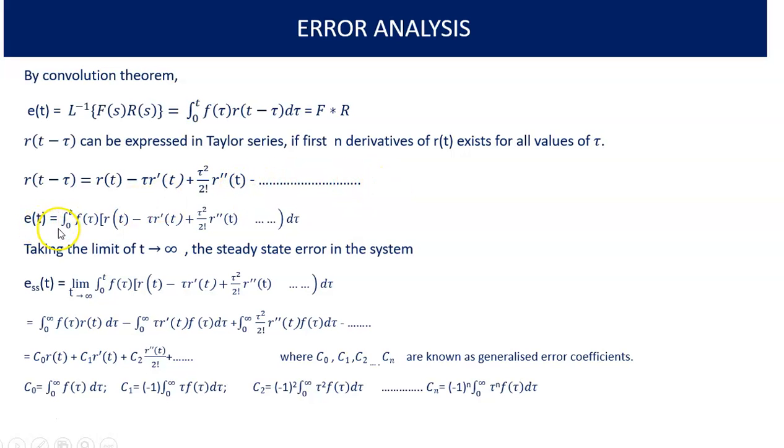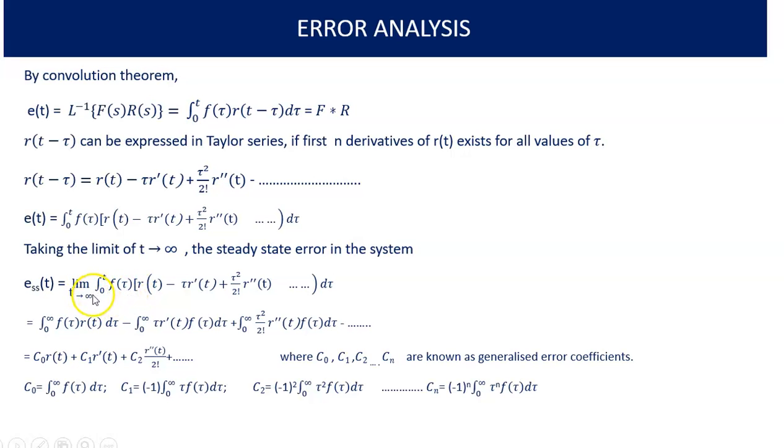So e(t) is equal to integral with the limit 0 to t f(tau). Instead of r(t minus tau), write this Taylor series. Now take the limit as t tends to infinity in order to get steady state error. Limit t tends to infinity of the integral with the limit 0 to t f(tau) into r(t) minus tau r dash(t) etc. d tau.